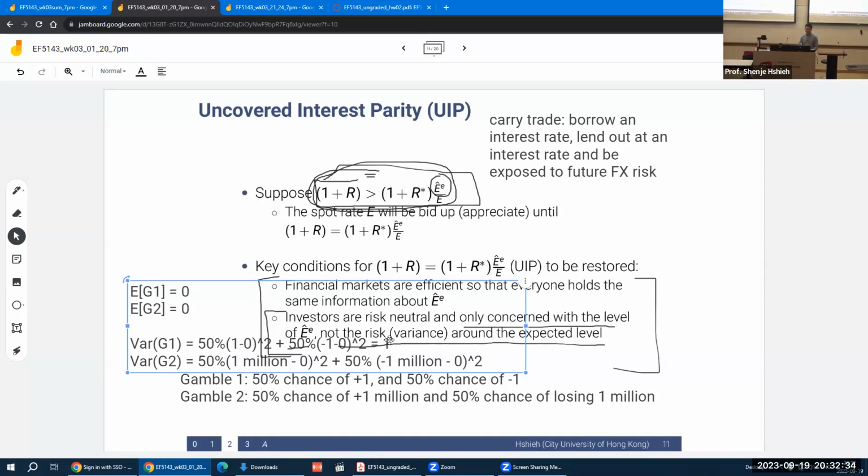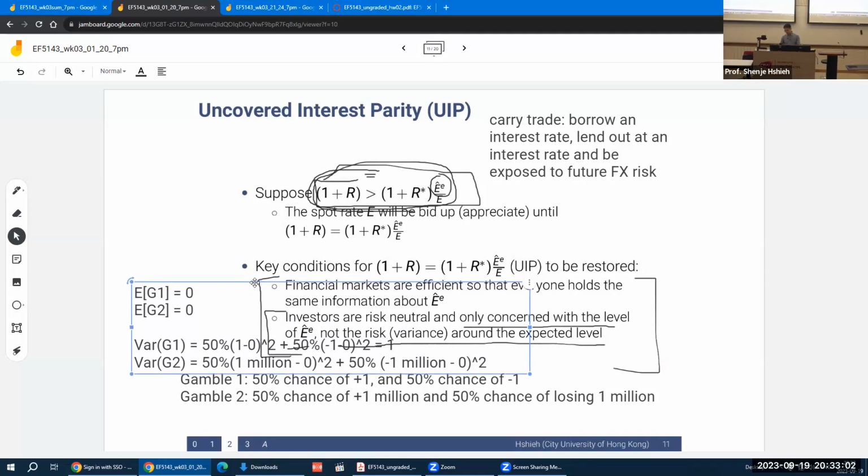So which one would you prefer? You're indifferent. You don't care if you get gamble one or gamble two. They're the same to you. So you can already see there are problems with these assumptions, but these are the sufficient assumptions you need to be able to use the uncovered interest rate parity.